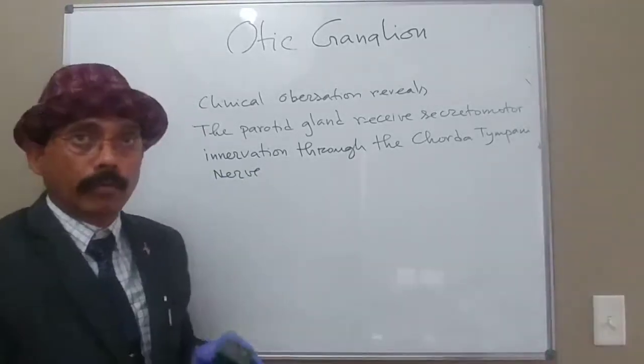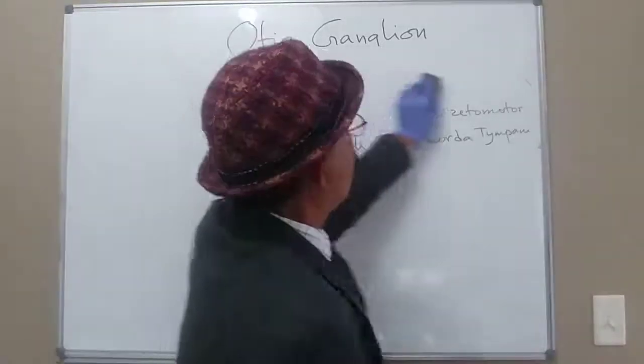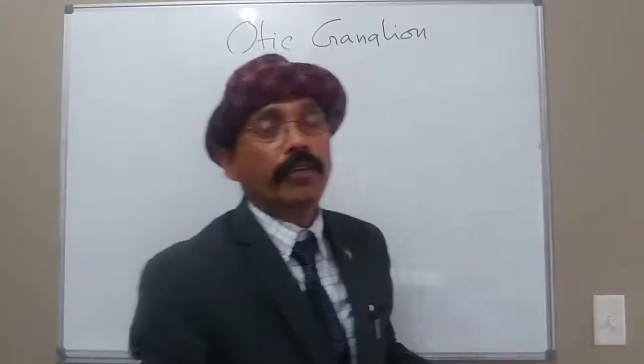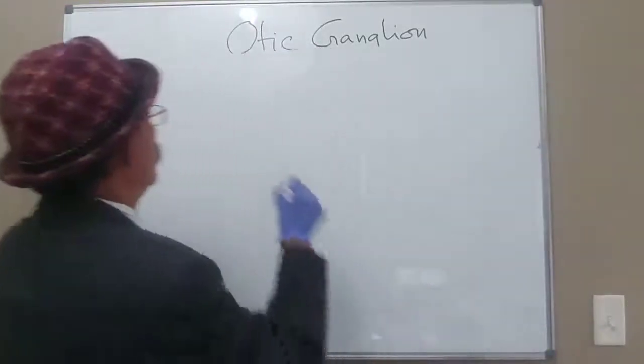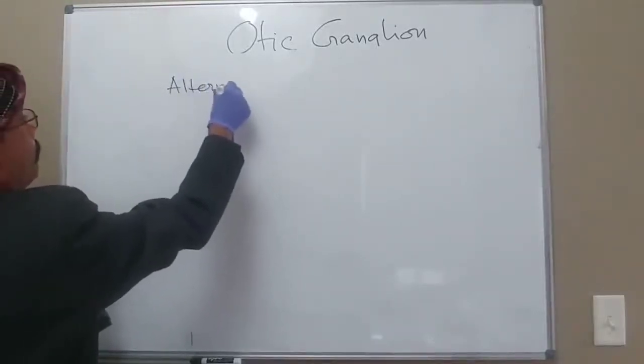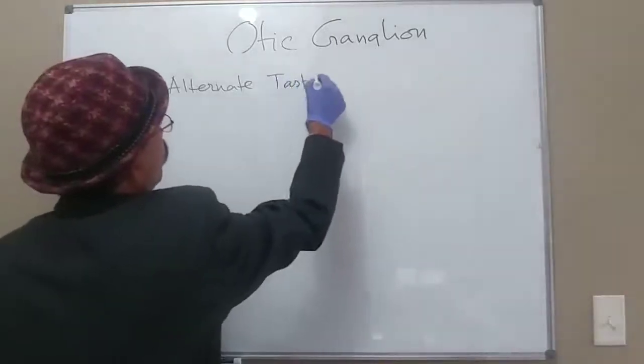We have one more point I'd like to add, that is the alternate taste pathway from the anterior two-thirds of the tongue.